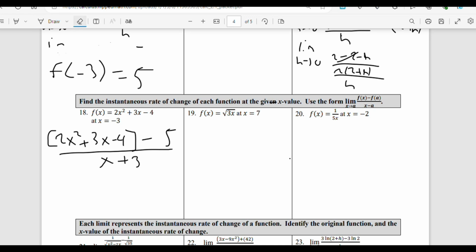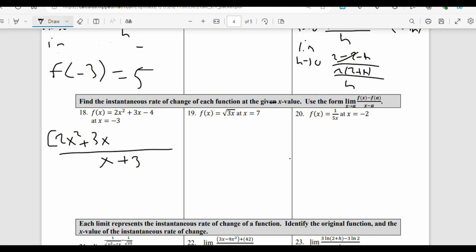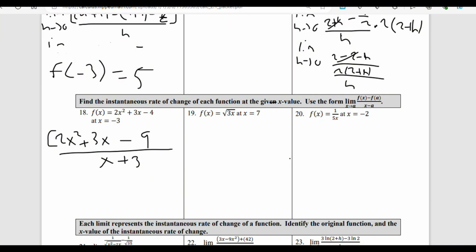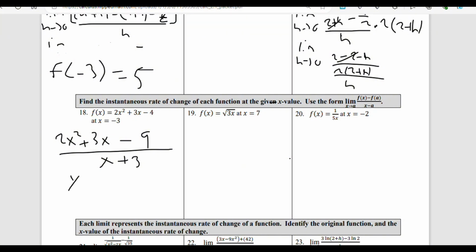Now, what is negative 4 minus 5? Negative 4 minus 5 becomes negative 9. Okay? What can I do here? Well, the only thing that seems logical to me is to factor.